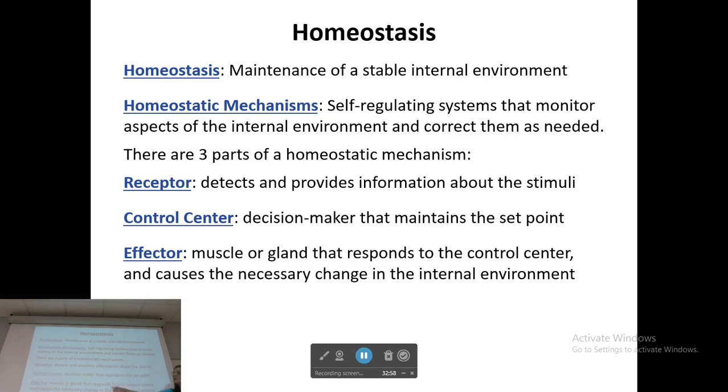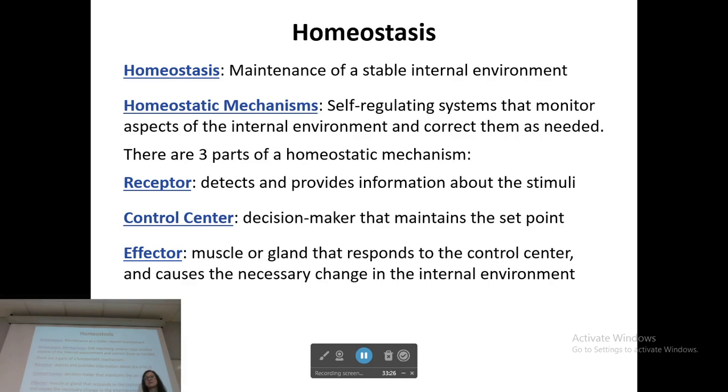Okay? Then you have the effector. The effector is what's going to respond and what can make the change. Okay? So one thing that can change your blood pressure is your heart beating, right? If your heart is pumping really hard, it increases your blood pressure. Or your heart relaxing a little bit, that can decrease the blood pressure.